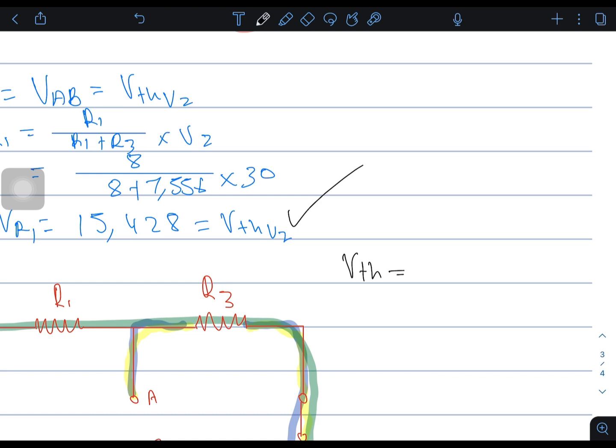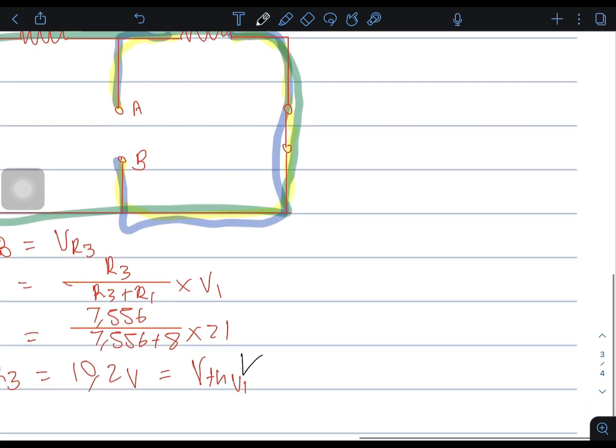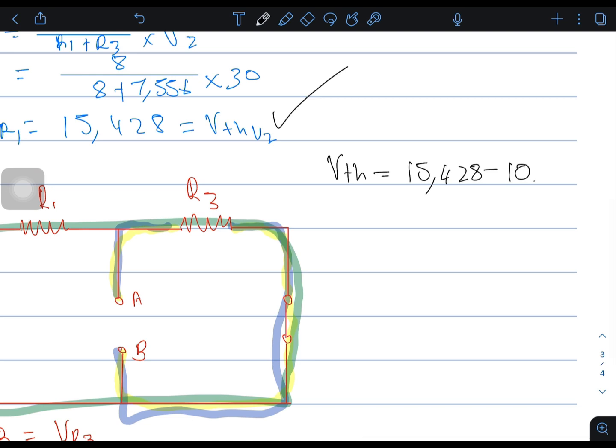You take the bigger value and subtract the smaller value from it, which is 15,428 minus 10,2.